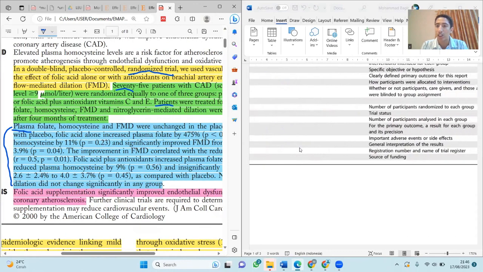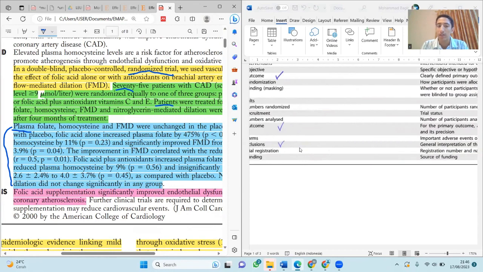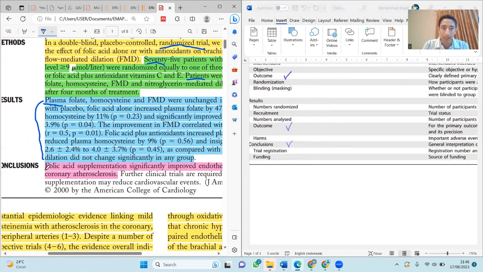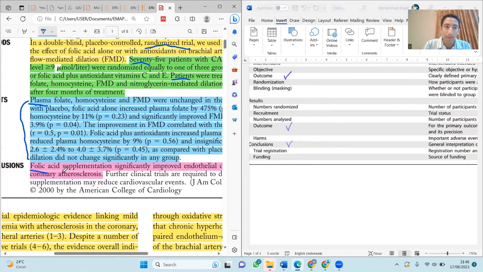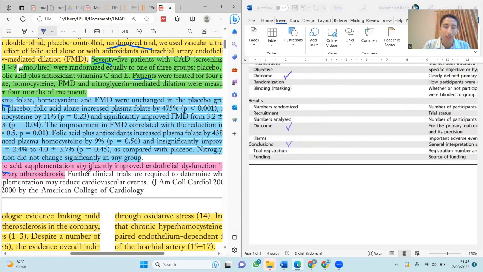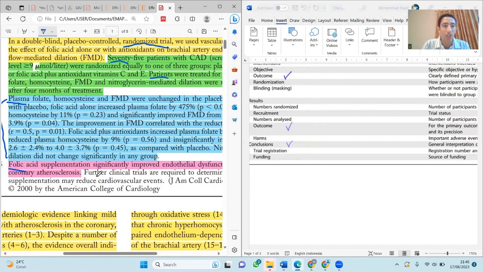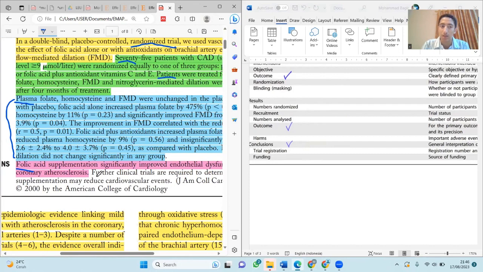Conclusion is the general interpretation of the results. So the conclusion is folic acid supplementation significantly improves endothelial dysfunction in patients with coronary arteriosclerosis.